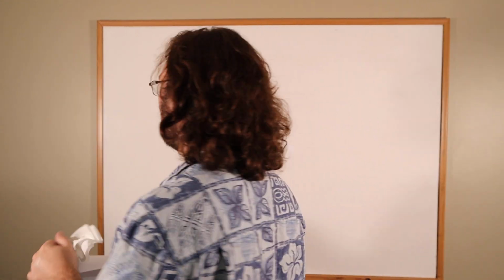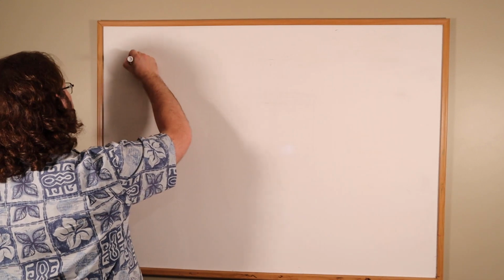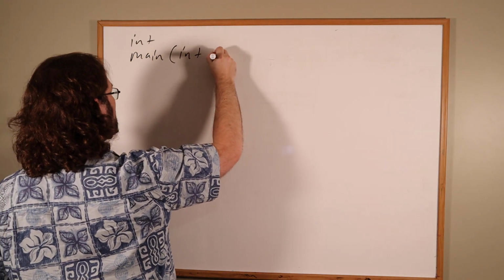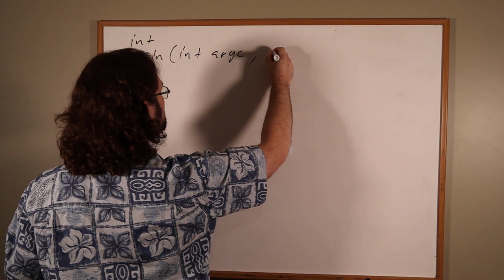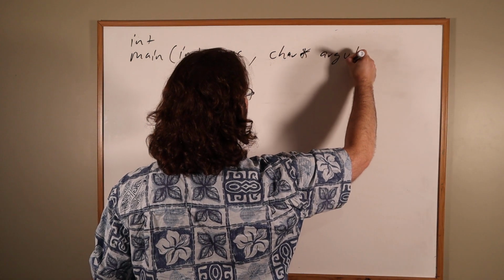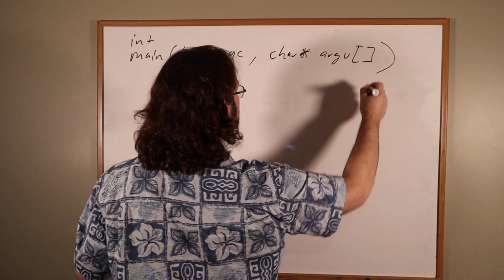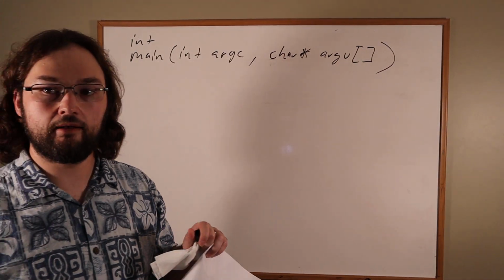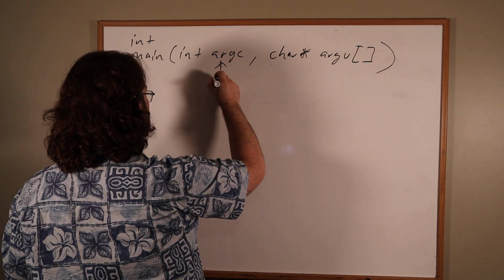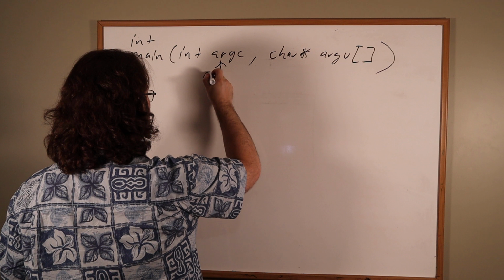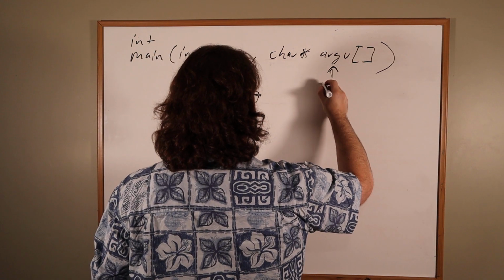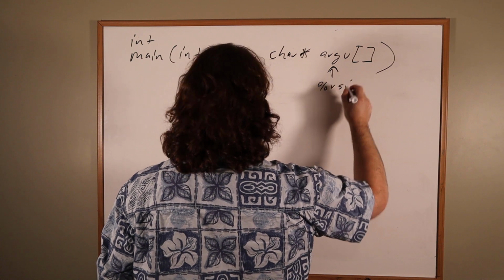So in a C program under Linux, execution starts at the main function, and it's int main, int argc, char pointer argv array. So we have two arguments to main, and according to the calling conventions, we know that argc is going to be in RDI, and argv is going to be in RSI.